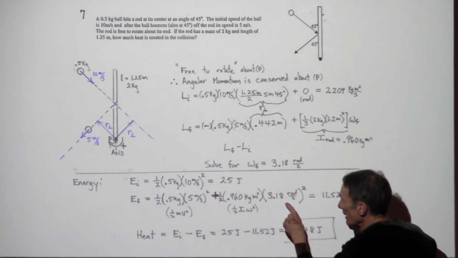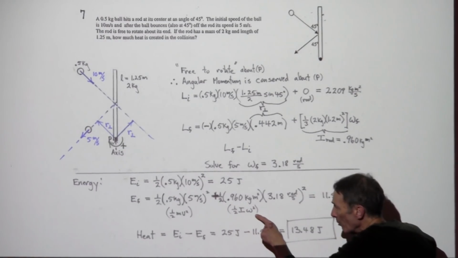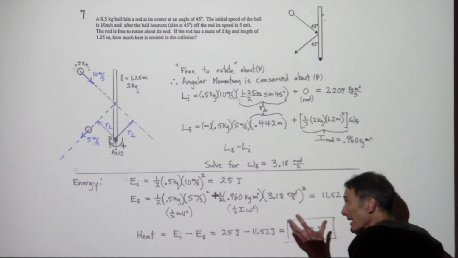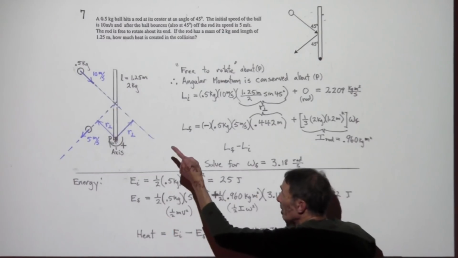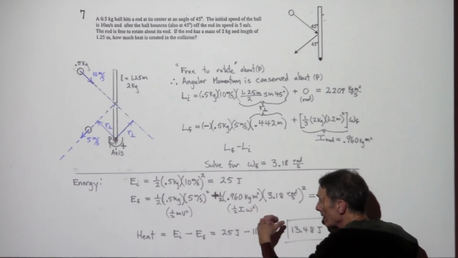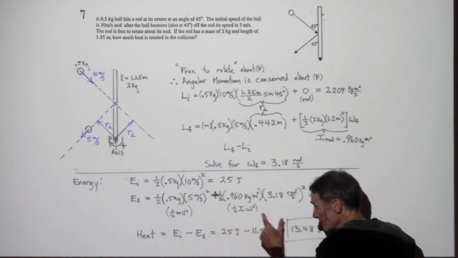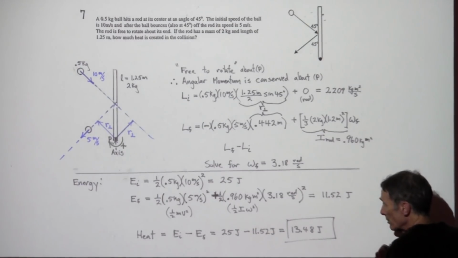We've got omega, we can stick that in, we have the mass, and so this is 1/2 I omega squared, keeping these two terms straight. It's more convenient to go 1/2 mv squared for the ball, and for the rod, the combination would be better expressed this way. So either way is really giving us the kinetic energy.